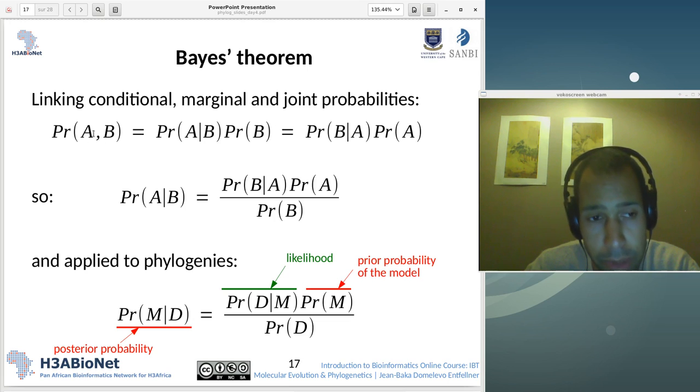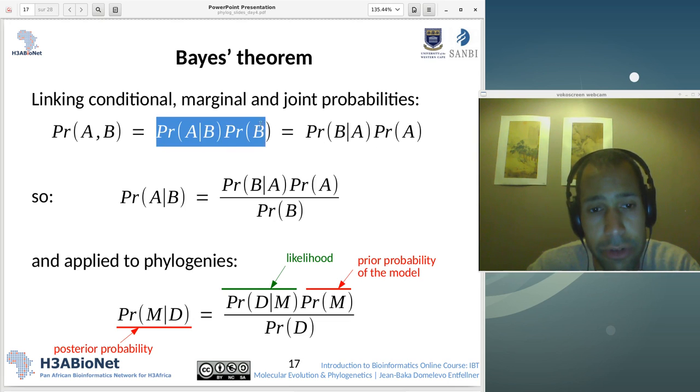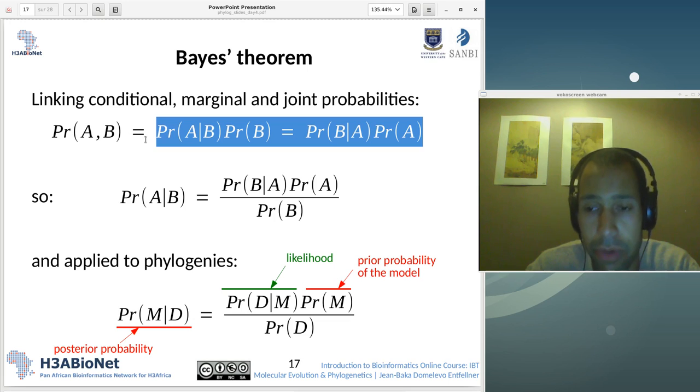The probability of A and B is the probability of A conditional on B multiplied by the probability of B. The roles played by A and B are symmetric here, so you can also get that it's the probability of B conditional on A times the probability of A. And if you use the right hand side of the first equal sign, and you move the probability of B to the denominator, that's what you get: probability of A conditional on B is equal to probability of B conditional on A times probability of A divided by probability of B.